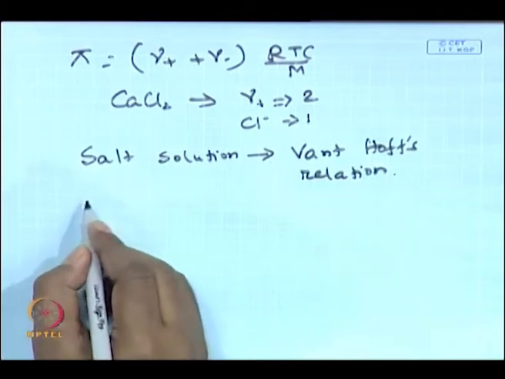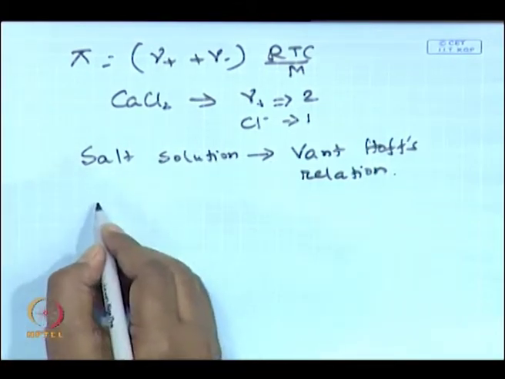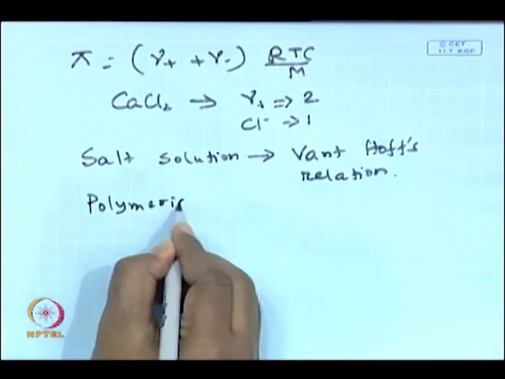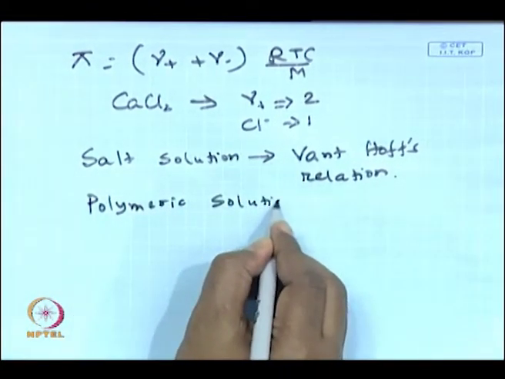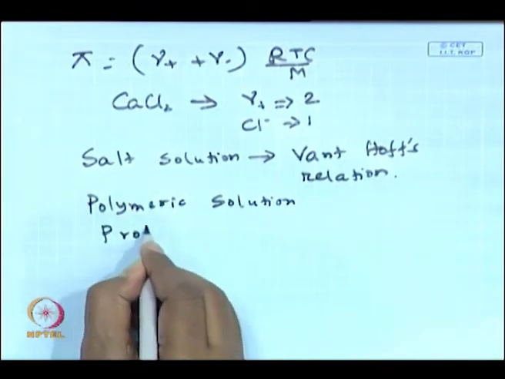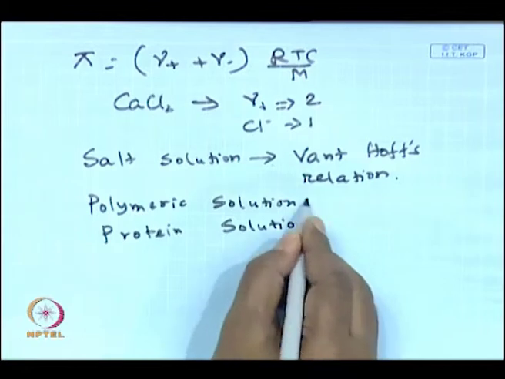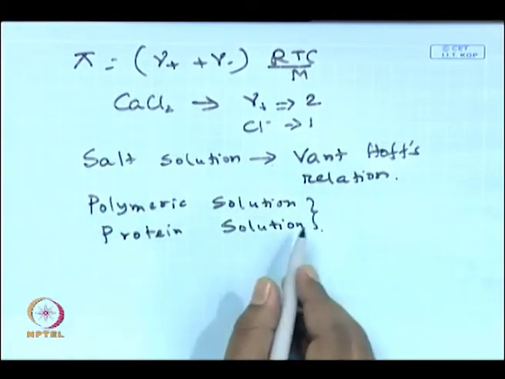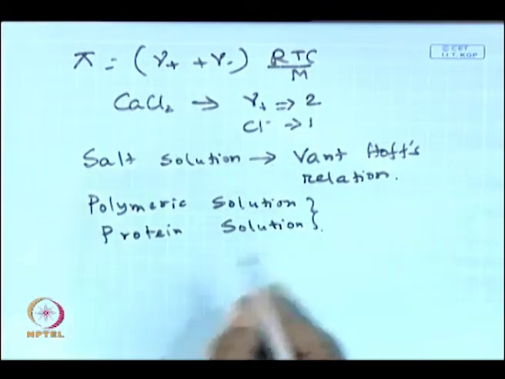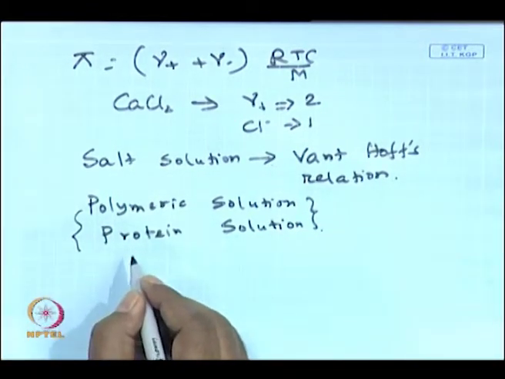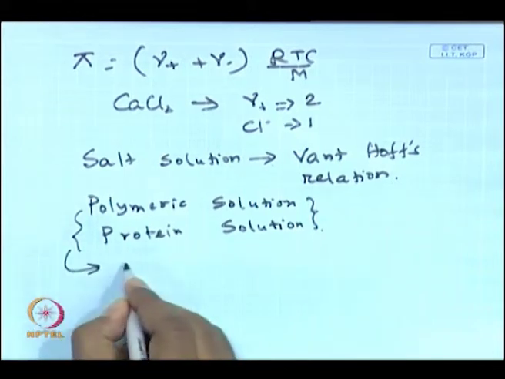For other solutes like polymeric solution, protein solution, the Van 't Hoff relation can no longer be used, and Van 't Hoff's relation can be used only under dilute conditions.